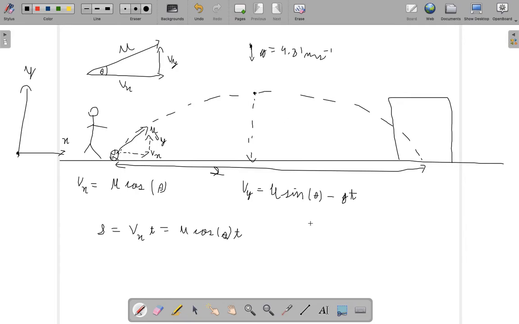That is when our object has covered half of its motion. So whenever you're given a question like this, your general aim is to find at what time it reaches the maximum height h. At that point, you make Vy equal to 0 and solve for t. Then you find your displacement by multiplying the t value by 2, because it has gone only half the way.